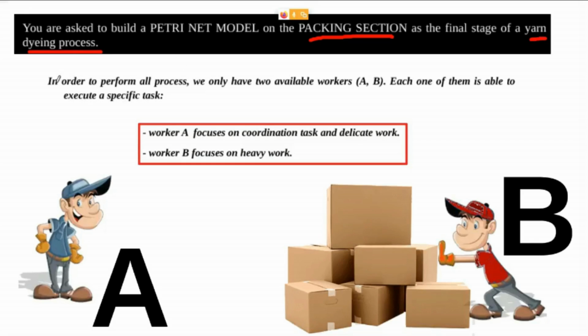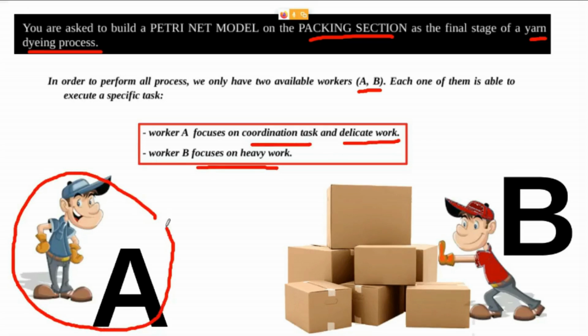In order to perform the whole process, we only have two available workers, A and B. Each one of them is able to execute a specific task. Worker A will be focused on coordination tasks and delicate work, and worker B will be focused on heavy work. Here we have two resources, worker A and worker B.